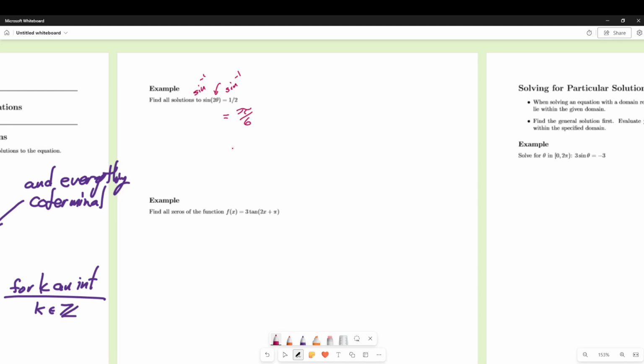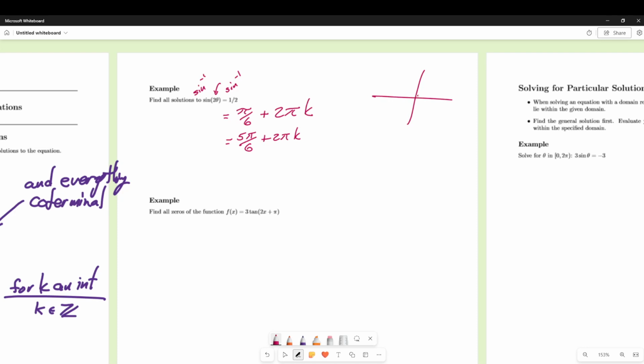But just like the problem before, it's pi over 6 and anything coterminal. But also, just like the last problem, it's also 5 pi over 6 and anything coterminal.